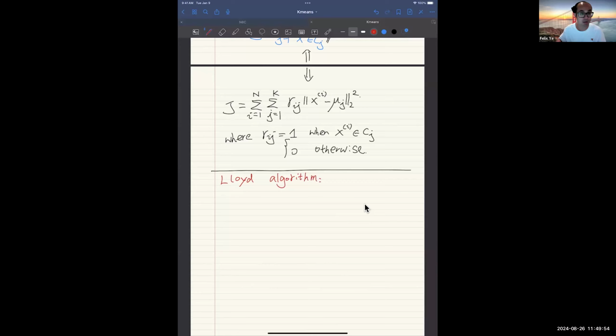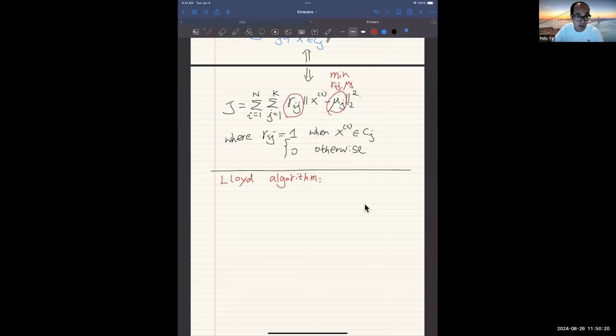The key idea is alternating optimization, because the things we want to find and minimize are the r_ij and the mu_j's. These are the two things that we are trying to minimize.